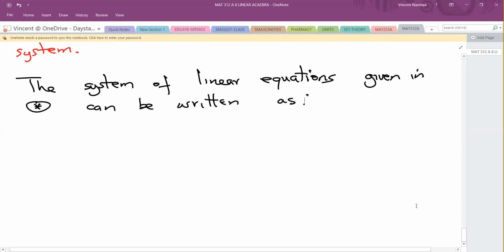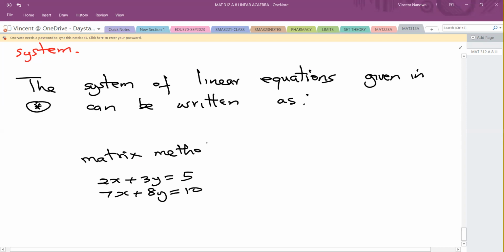you remember when you were in Form 3, if I give you 2x plus 3y equals 5, and then 7x plus 8y equals 10, these are two simultaneous equations in the variables x and y. Then we used to solve by a method called the matrix method. You remember something like matrix method of solving simultaneous equations?